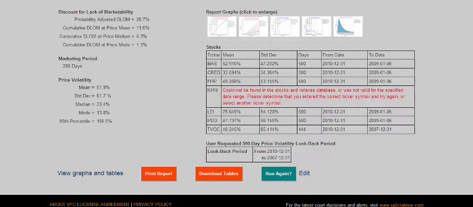Note that the VFC DLOM calculator did not find ticker symbol KHNI, so it was not included in the DLOM calculation. This particular situation was caused by my transposition of the H and K in the ticker symbol. By clicking the Run Again button, we can go back to step 3 to correct the error and rerun the report.